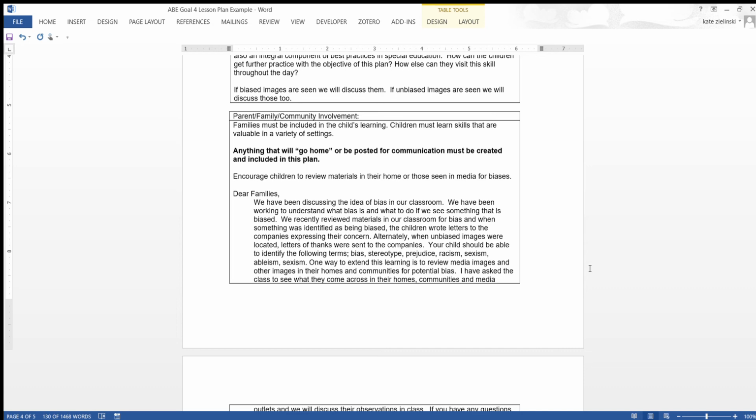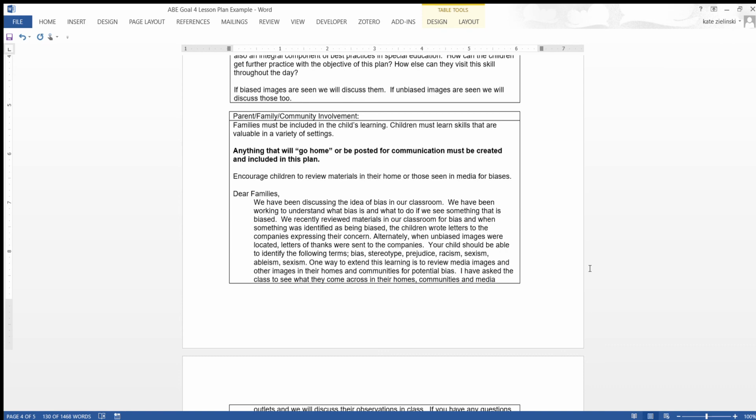It doesn't have to just be the parent or the family, though. It can be the community. Is there somebody from the community that can come into my class that can help us with this topic? Is there a place in the community that we could go to get more information on this topic? And again, that's going to depend on your topic. So, for example, it's going to be October, and October is Fire Safety Awareness Month.